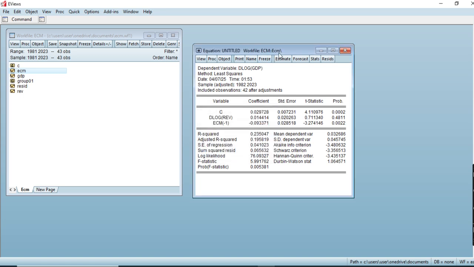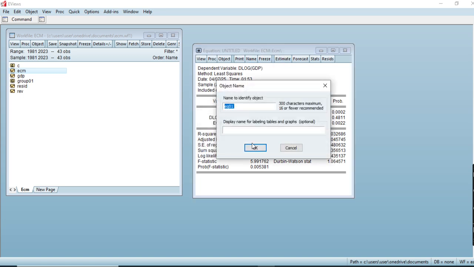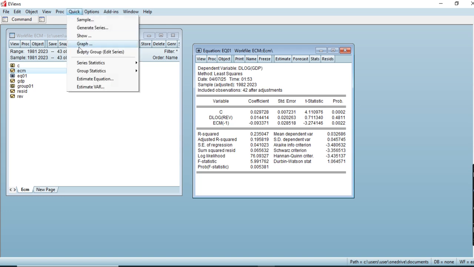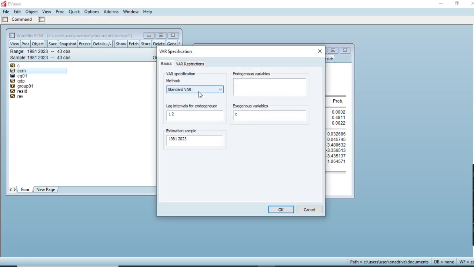ECM already exists. Okay, let's leave it as equation 1. Now let's determine the lag length. We'll go to Quick, then Estimate VAR. GDP is endogenous, so we take log GDP, and then exogenous: constant and log revenue.